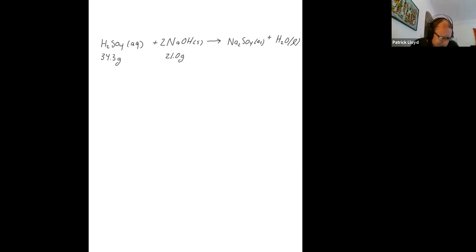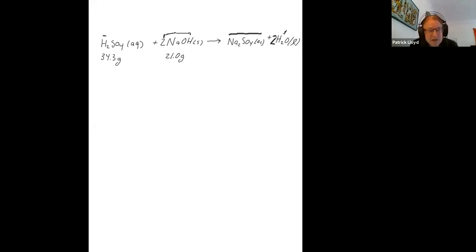If you take a look on the left side, we've got two hydrogens here and another two there. So that's a total of 4 hydrogens. Now there's no hydrogen here, so that's not a problem. There's 2 here, so let's put a 2 there. By putting a 2 there, now you have 4 hydrogens on both sides. That's good.